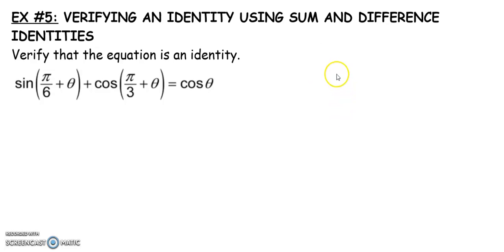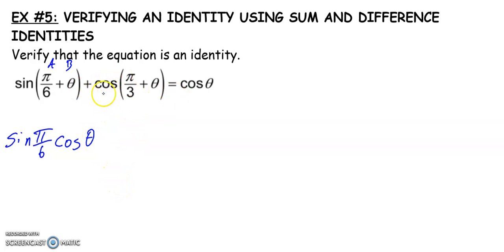Let's verify our identities using our sum and difference identities. This is going to be a hoot. So we're going to use both our sine and our cosine identities. So if we look at our sine first, we're doing sine of a plus b. So this is going to be the sine of pi over 6 times the cosine of theta.